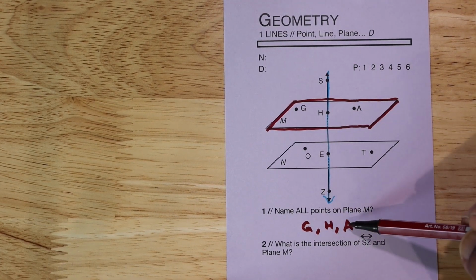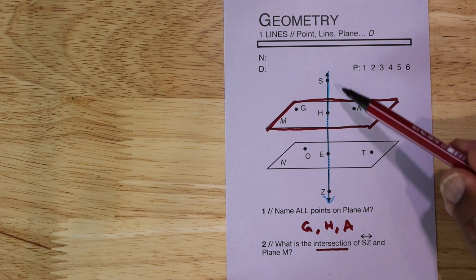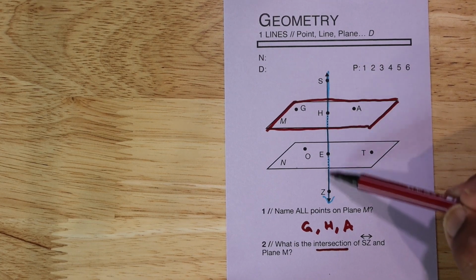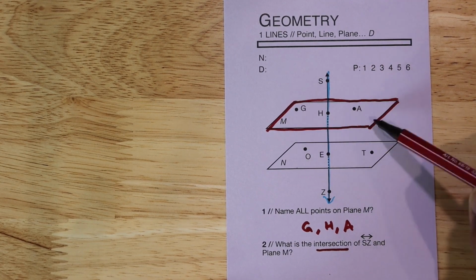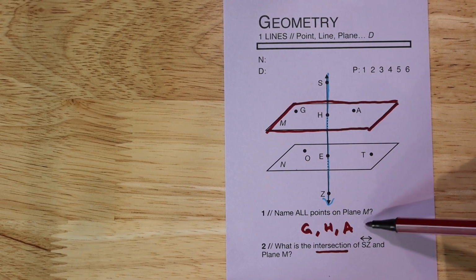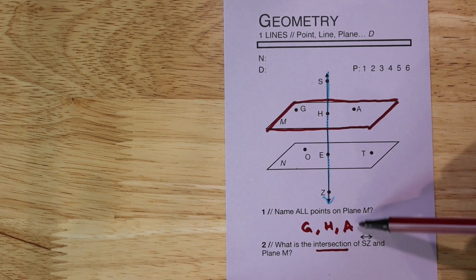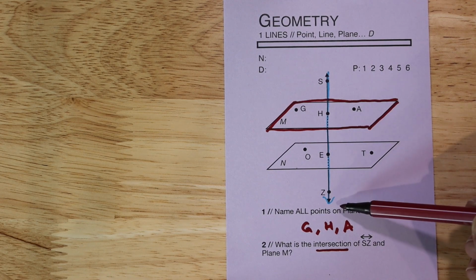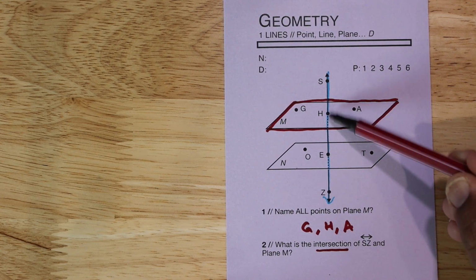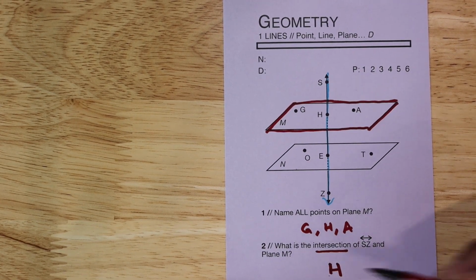These are the points that are on it. The intersection means what do they have in common? So what point on SZ is also on plane M? Well, S is not on plane M. If we look at number 1, Z is not on it either. Neither is E. So the only one is H. So H is the intersection.